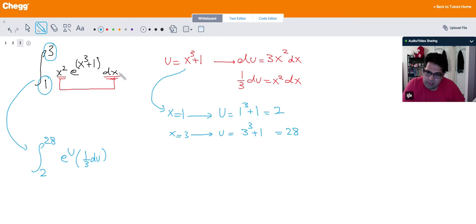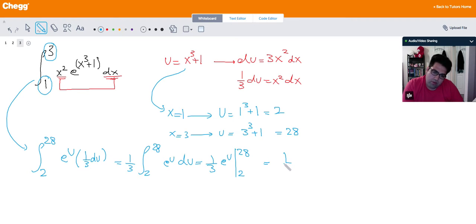So instead of x squared dx, I'm putting 1/3 du. So this goes outside, it's 1/3 integral from 2 to 28 of e to the u du, and we know the integral of e to the u du is itself, so it's 1/3 e to the u from 2 to 28. That's going to be 1/3 (e to the 28 minus e squared). That's going to be the answer for this.